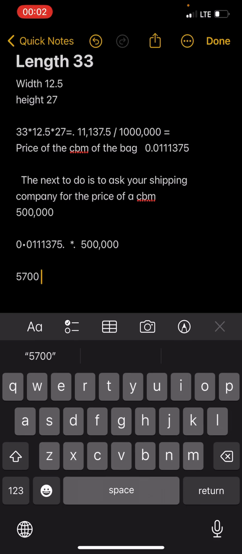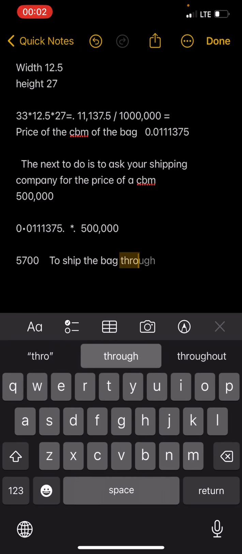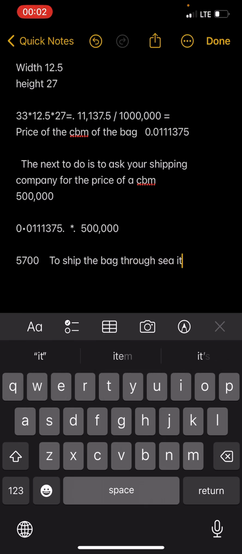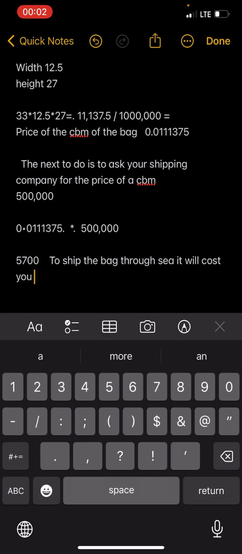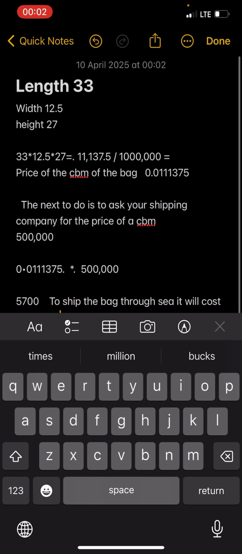This is how much to ship that bag through sea. It will cost you 5,700. I believe it's very, very, very simple.